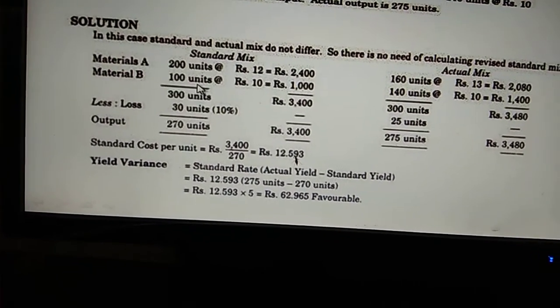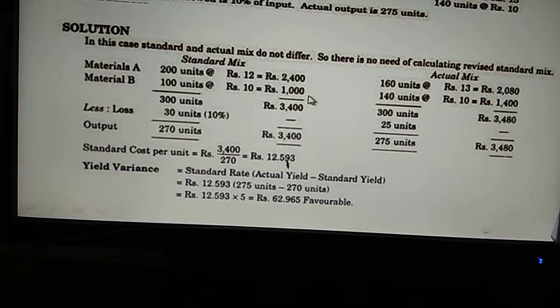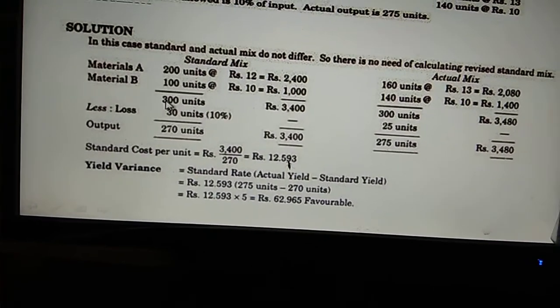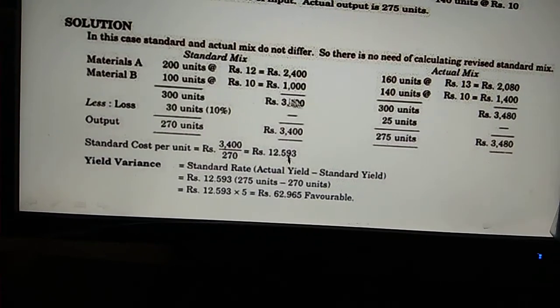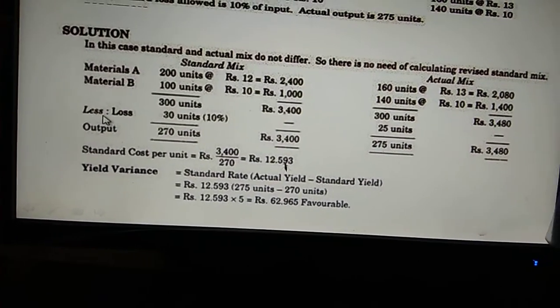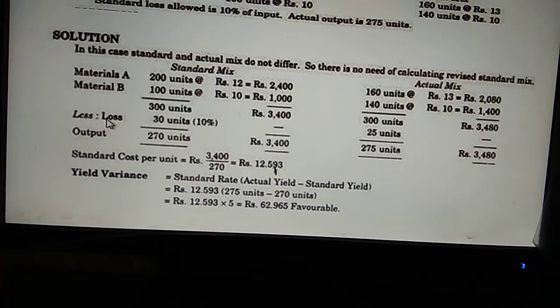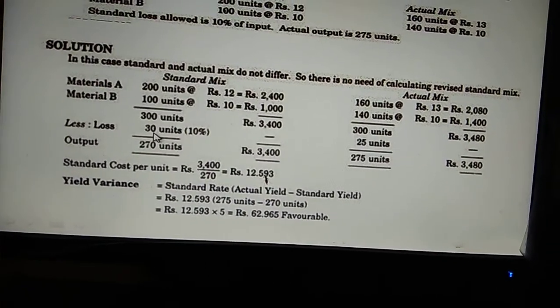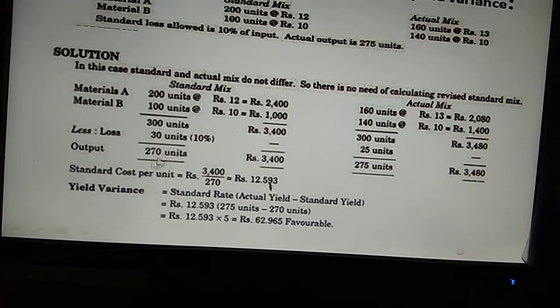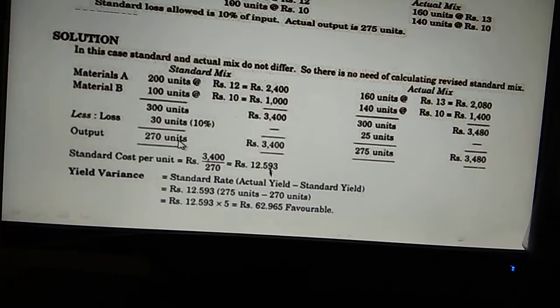Material B, 100 units at rupees 10, it is 1,000. Total units are 300 and total price is 3,400. Now we are given 10% loss allowed. So 10% of 300 is 30 units, so output is 270 units.